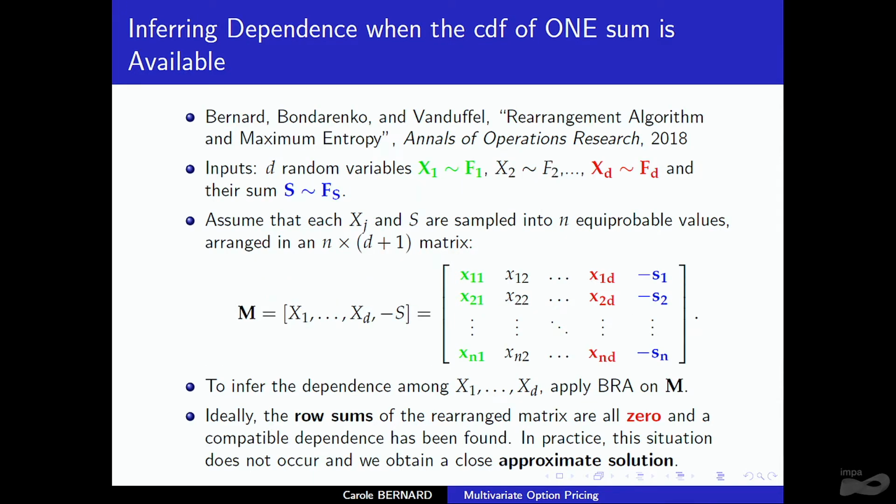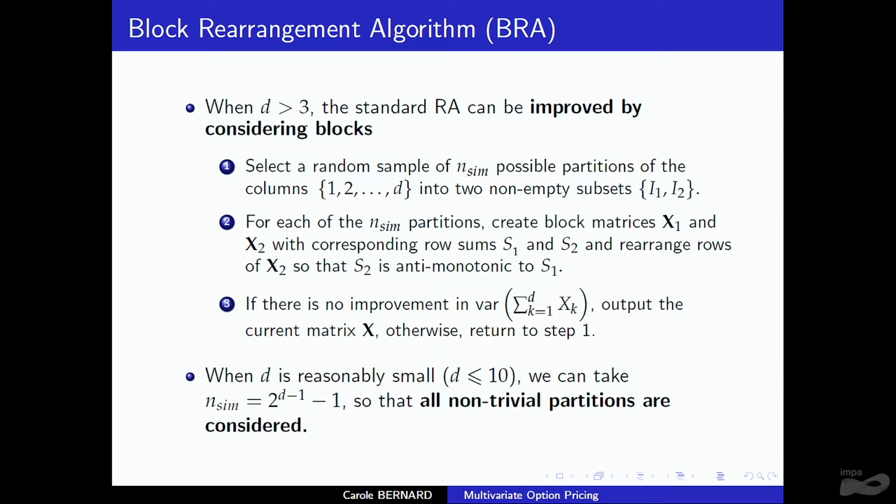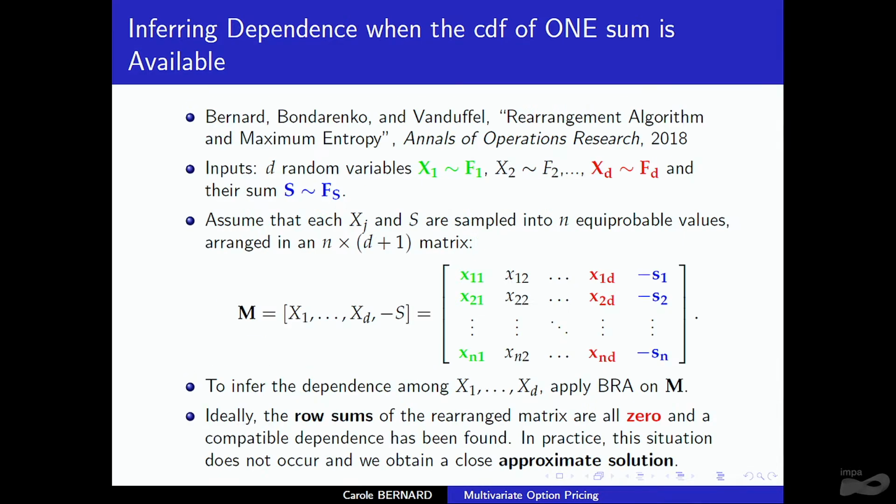And so why this algorithm that minimizes the variance helps to infer dependence and solve the problem that I presented at the beginning? Simply because if you look at the problem with one constraint, so imagine that you know the distribution of the sum, so you have only one constraint on this.